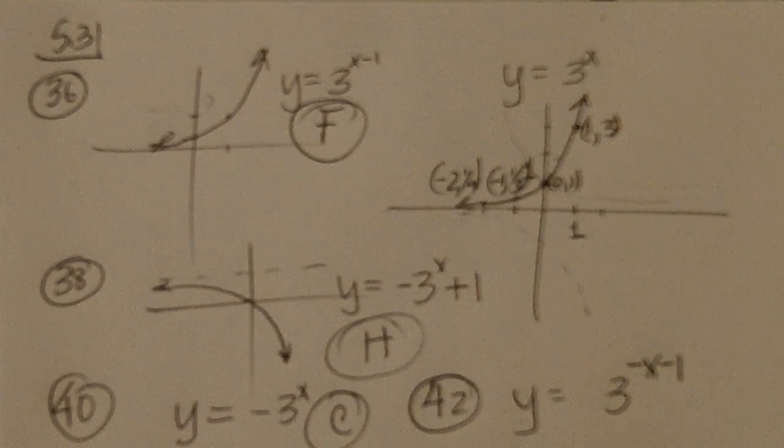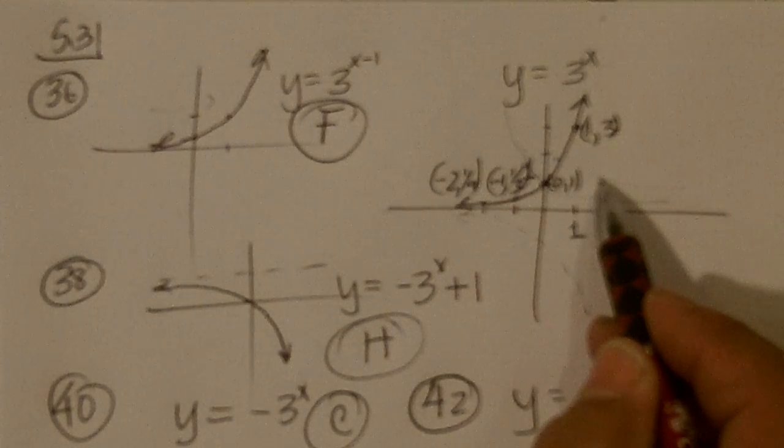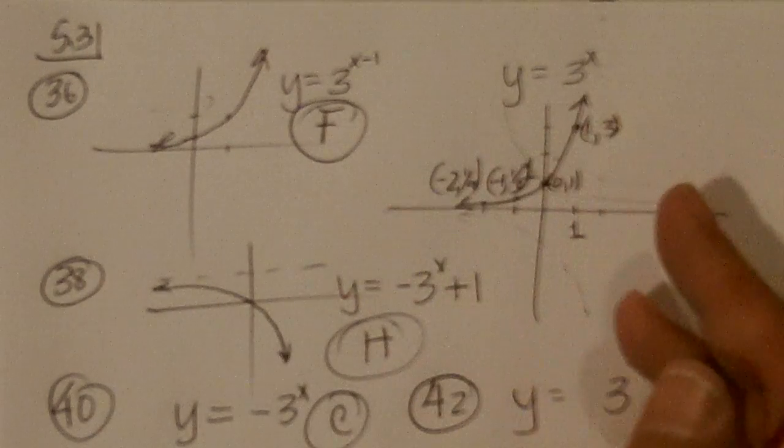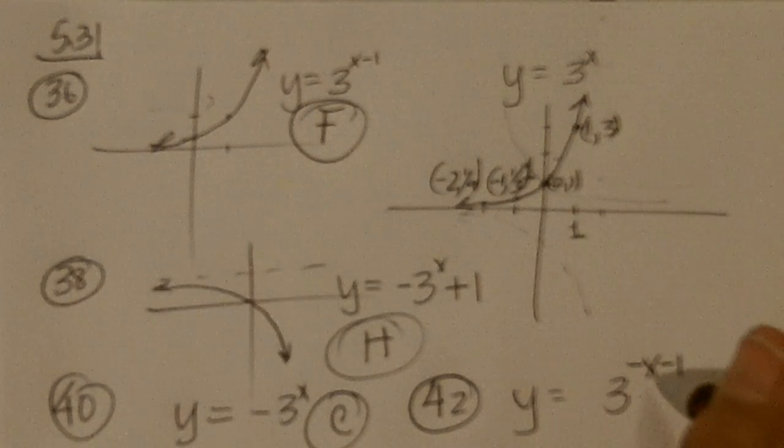We're doing number 42. Oh, no, there it is. And 2 is at 1, 9, no, it's at 1, 1, so it's moved over 1. And it's got a negative on it.